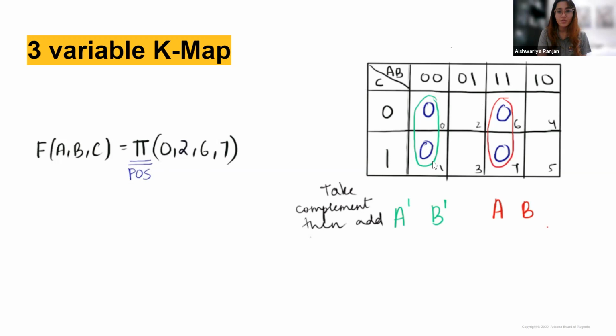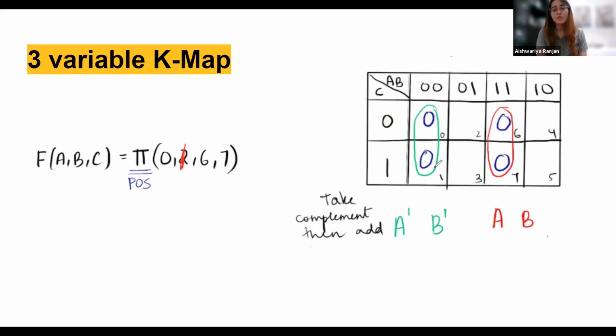Similarly, let's pretend that this question was asking you 1 over here. So we put a 0 for the 1 box, and the 6 box, and the 7 box. Now we group them again. The biggest group possible is just 2 of these together.